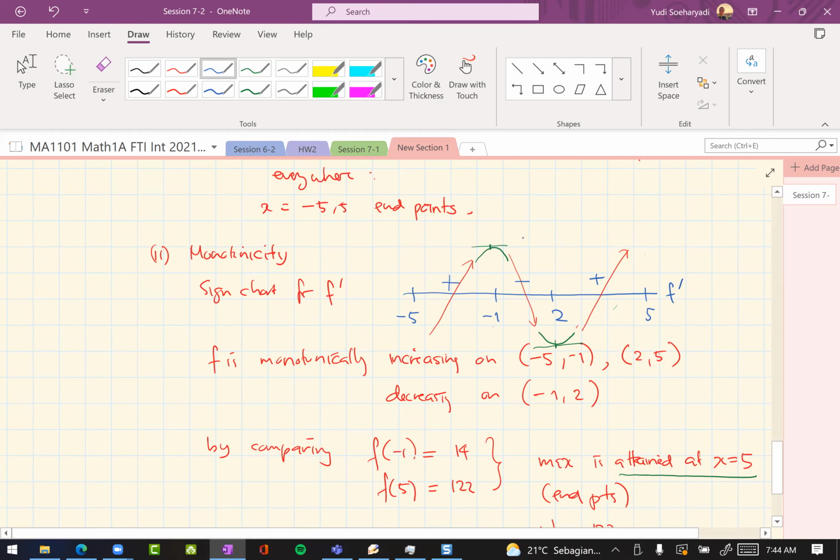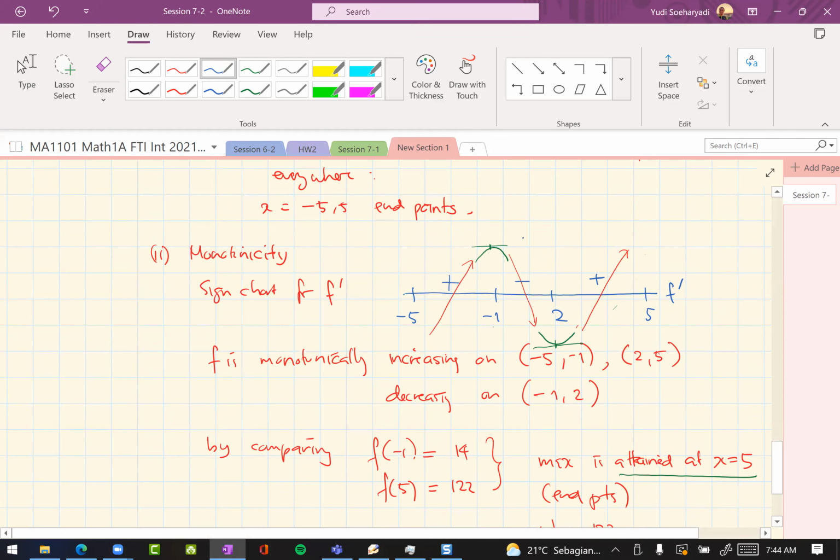So we call this local max. This one here turned out to be the absolute max or global max. So we would like to distinguish whether you have a local thing or the whole thing.